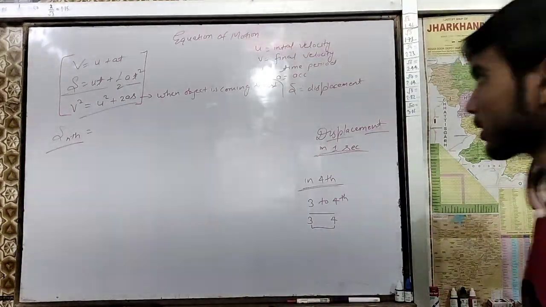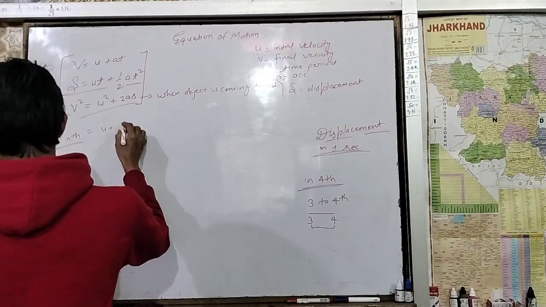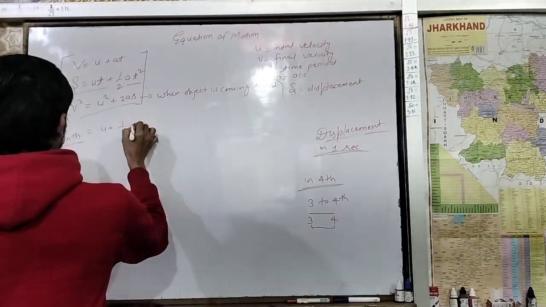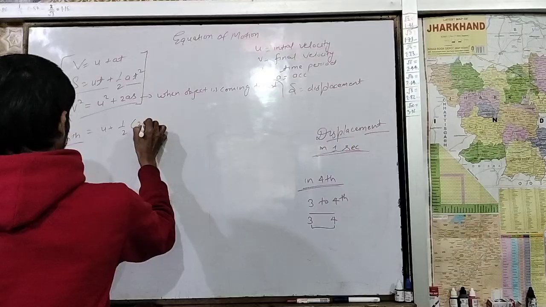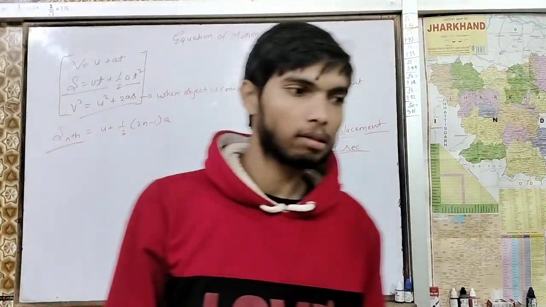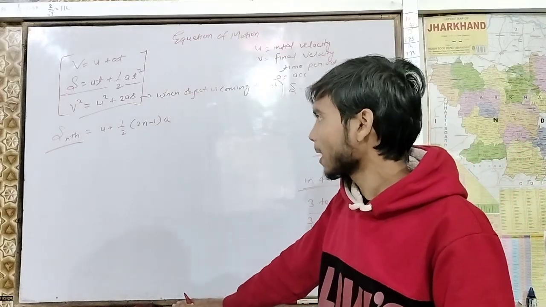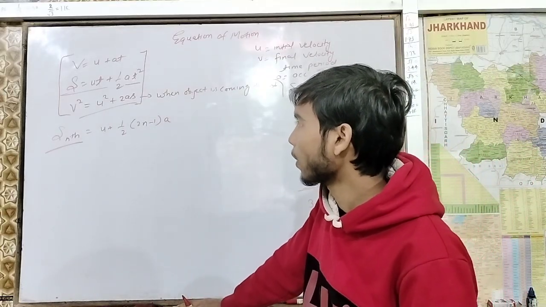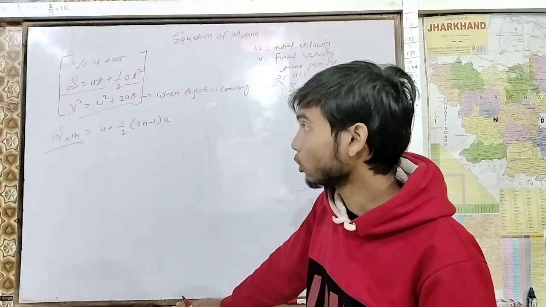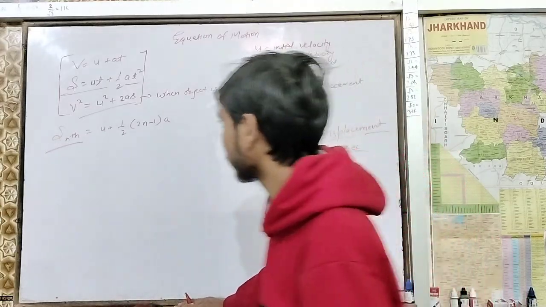It is not hard. s_n is equal to u plus half into 2n minus 1 into a.